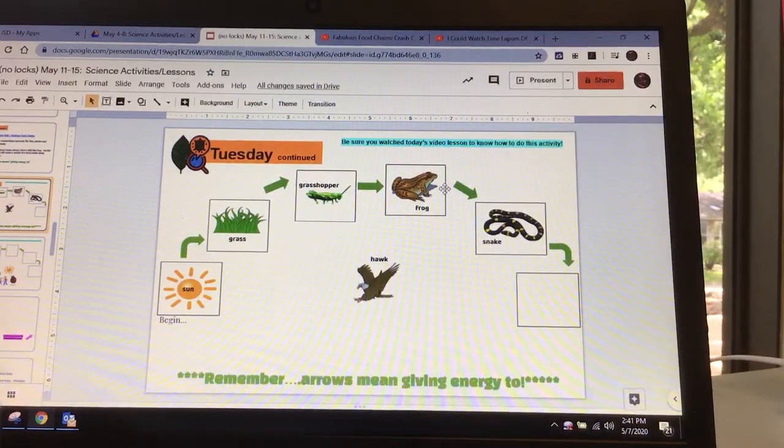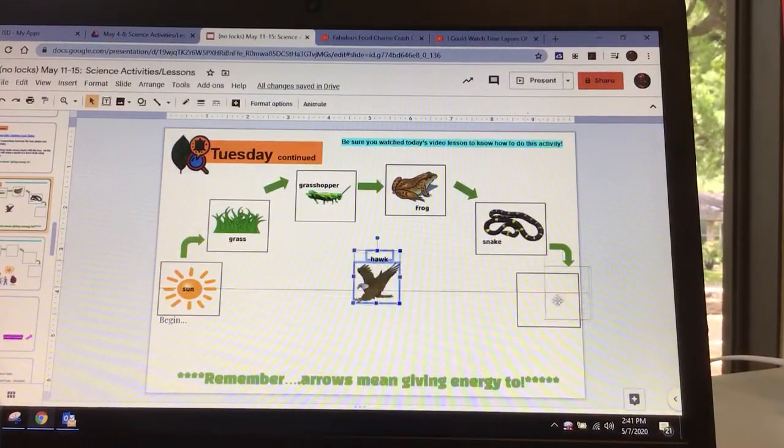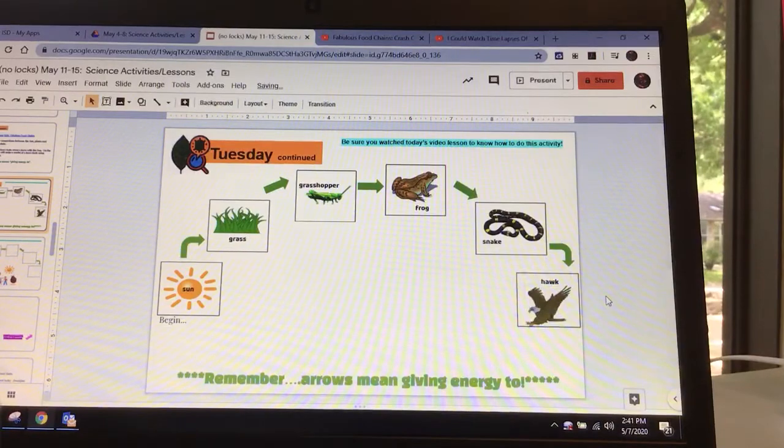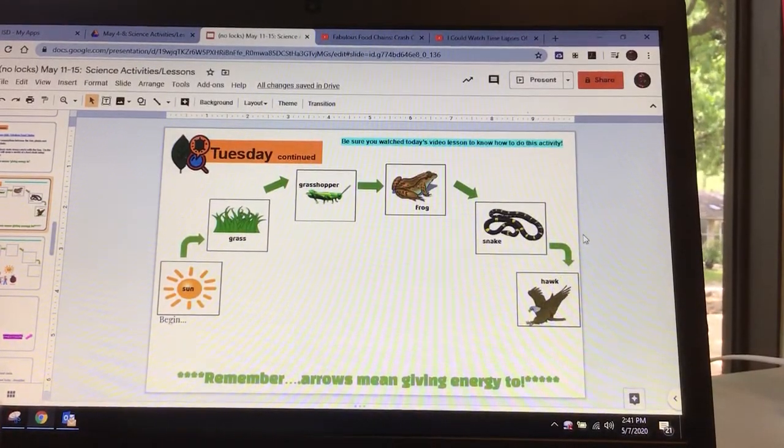The snake eats the frog, but the frog gives energy to the snake, that's what the arrow is for. And then lastly, the hawk, okay? The snake gives energy to the hawk. That's what that arrow is there for, okay?